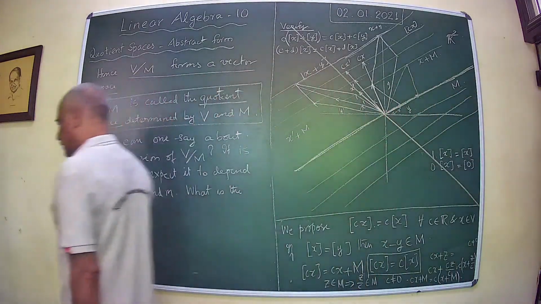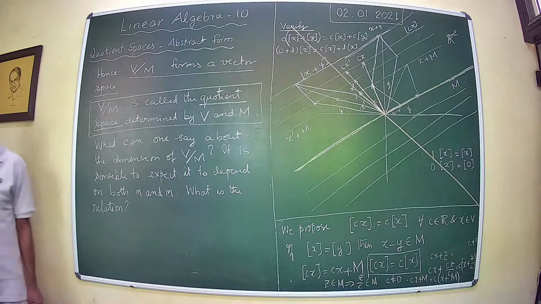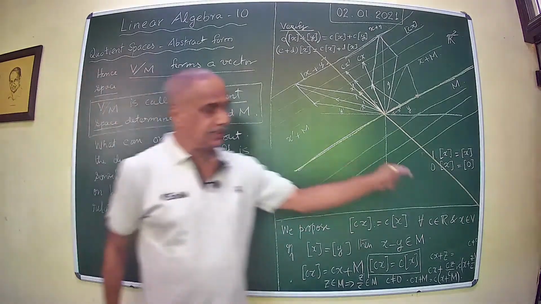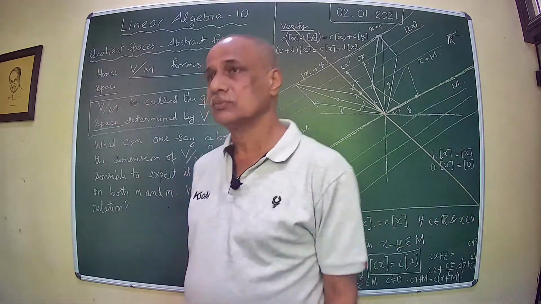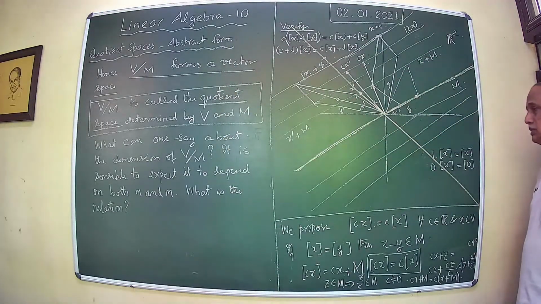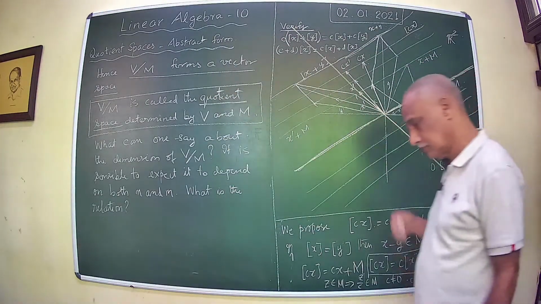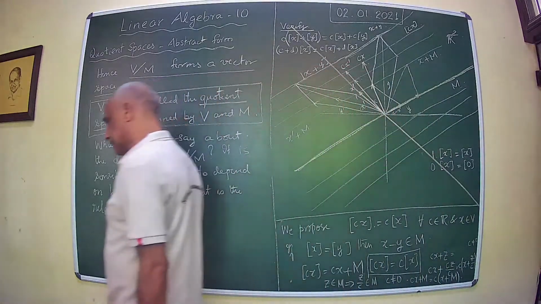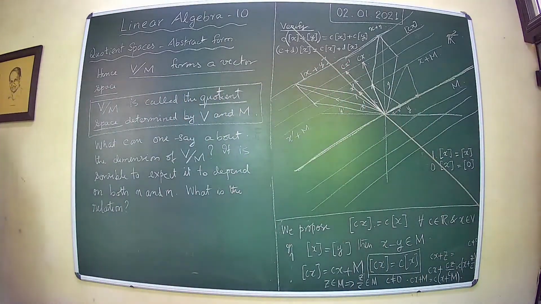then it corresponds to the addition of the two vectors that you picked up on this line. Therefore, corresponding to the sum of two vectors from this line, you have the corresponding sum in V by M. Similarly, you can say the same thing about the scalar multiplication.